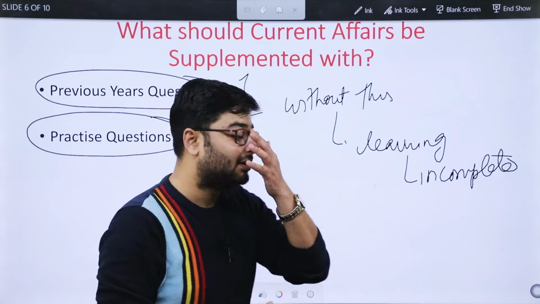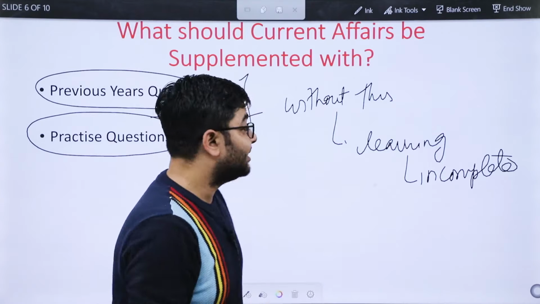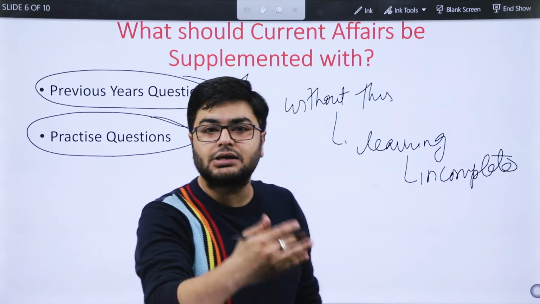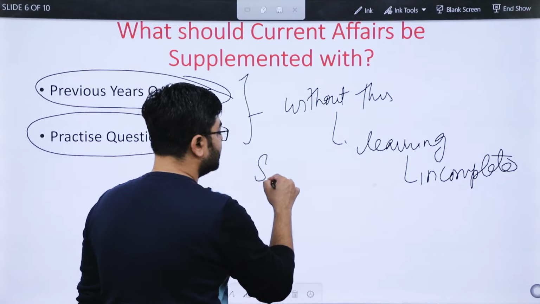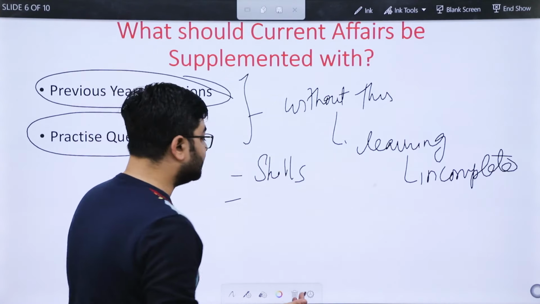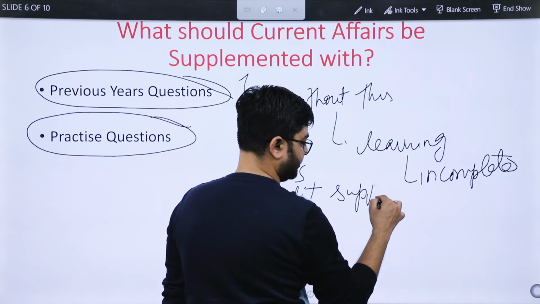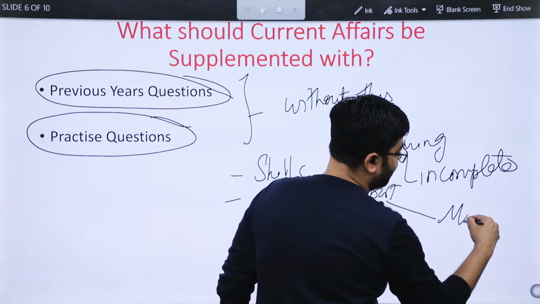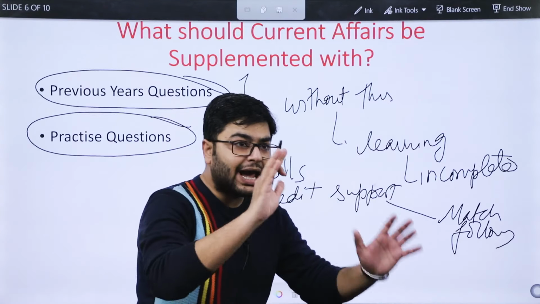For example, there might be a policy or a set of policies like we saw telemedicine or a medicine related initiative. Similarly, it can be related to skills, right? It can be related to the credit support. This may be asked in match the following format, right? So they help you.